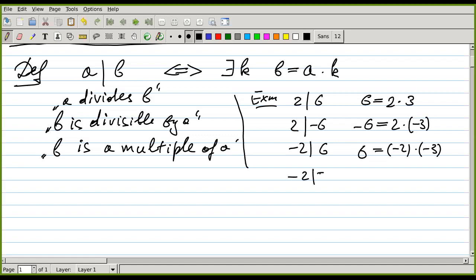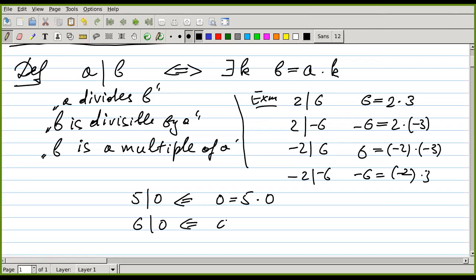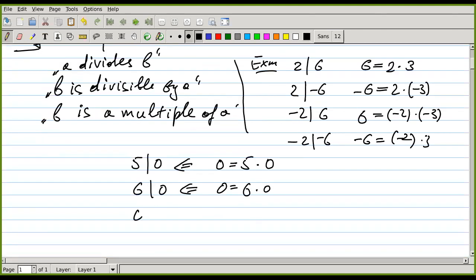And likewise, -2 divides -6. -6 is just -2 multiplied by 3. And what about 0? Is it true that, say, 5 divides 0? Yes. Why? Because 0 equals 5 multiplied by 0. And what about 6? Does 6 divide 0? The same. Okay. And is it the case that 0 divides 0?